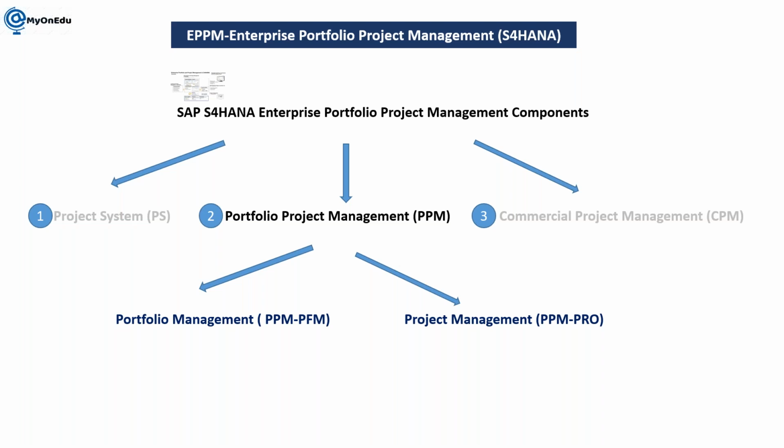So at that time deployment was separate. From 1709 to 2021, there was no additional license required. But I think in 2022 some change happened, and in some places they are asking for additional license also, for the EPPM solution, basically for PPM and CPM, but PS is still part of the same core system.